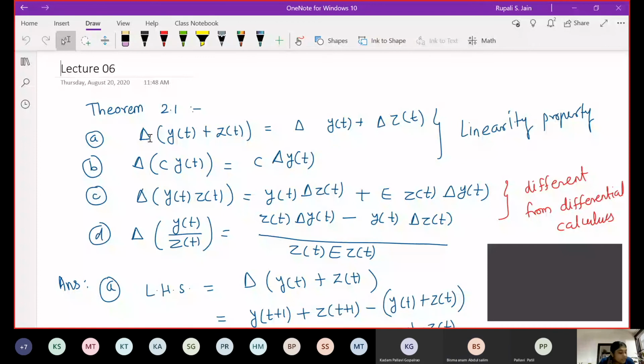I want to prove that summation is linear.